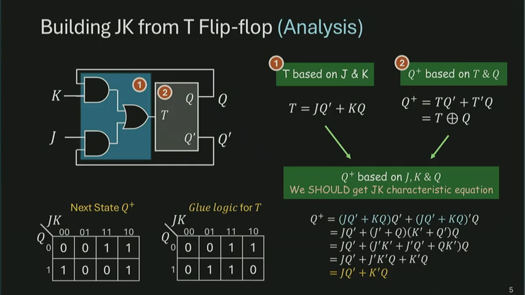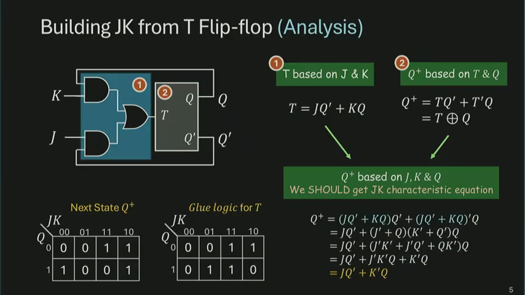At any moment in time, we have a current state. That is the current value at Q. And then there's some new inputs coming in. And then I will evaluate this combinational circuit first to calculate the flip-flop input value. I use that T value to internally update the flip-flop. So the evaluation happens at 2 separate stages. Stage number 1 is to go through this combinational logic to get the flip-flop inputs.